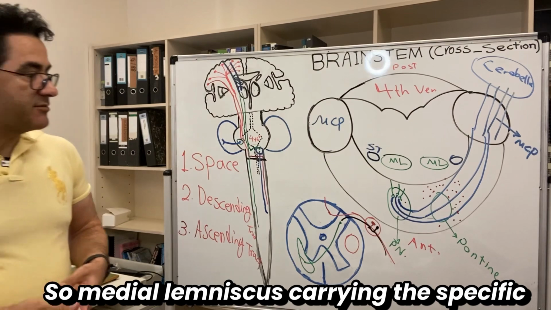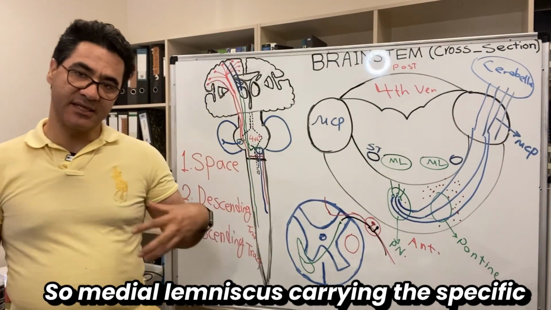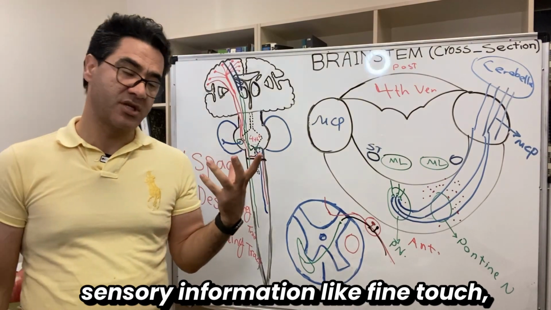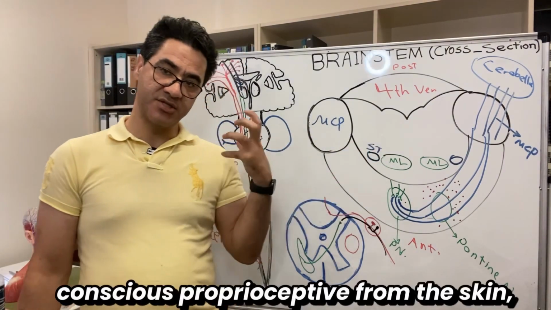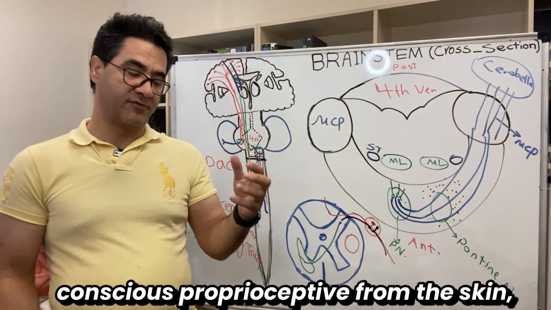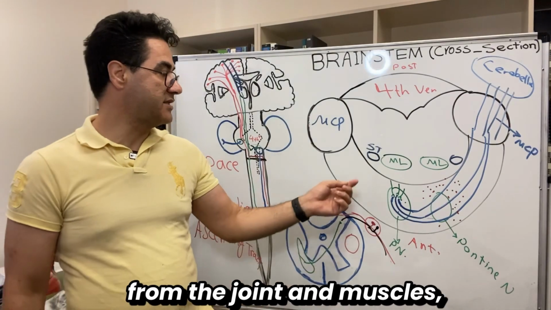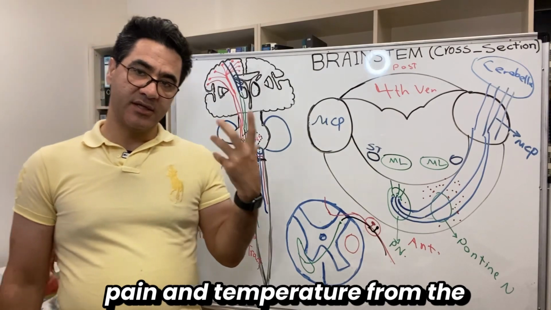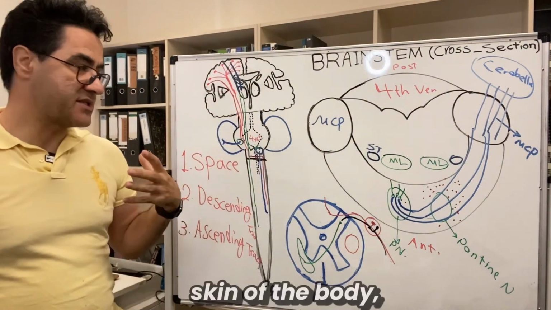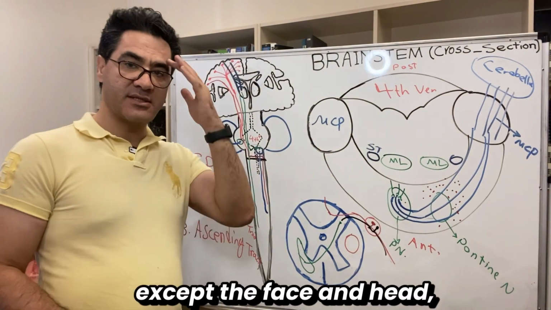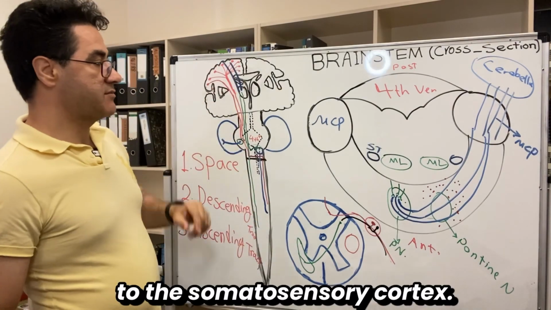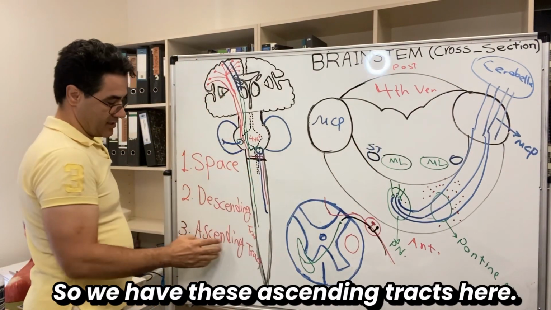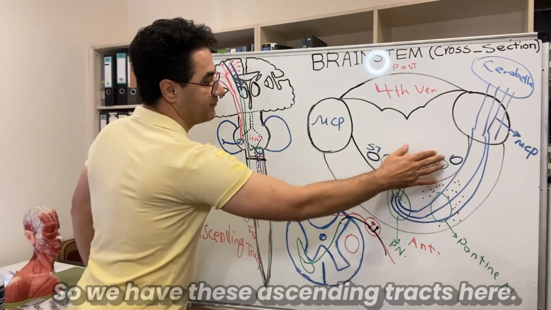The medial lemniscus carries specific sensory information like fine touch, and it also carries conscious proprioception from the skin, joints and muscles, whereas the spinothalamic carries pain and temperature from the skin of the body, except the face and head, to the somatosensory cortex. So we have these ascending tracts here.